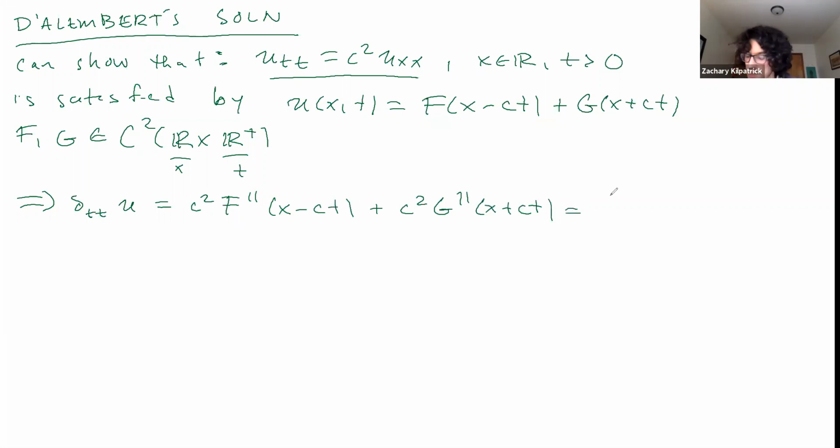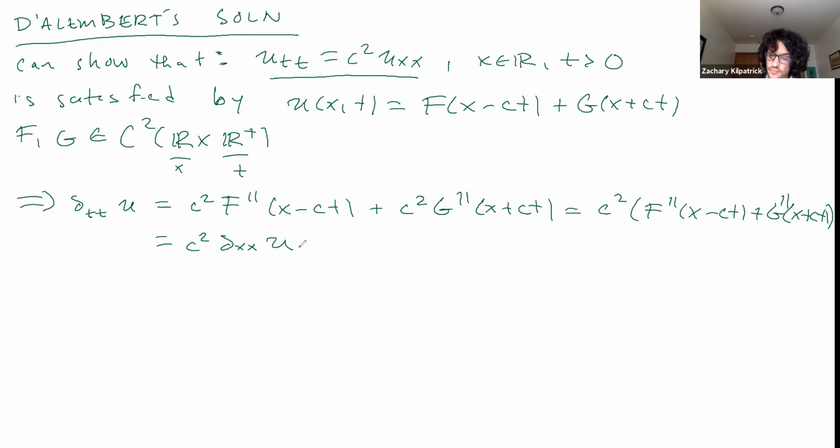And this is equal to c squared times (f of x minus ct plus g of x plus ct) prime prime, which is equal to c squared d_xx of u. So indeed, it checks out. That works as a solution.